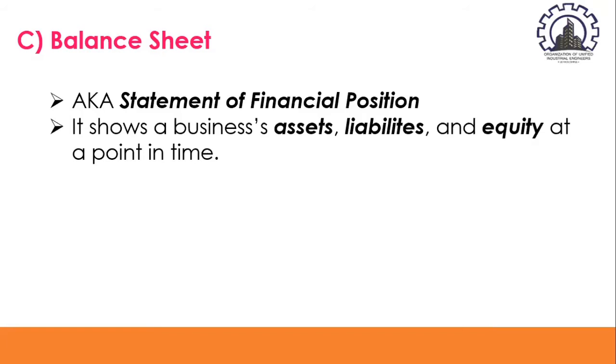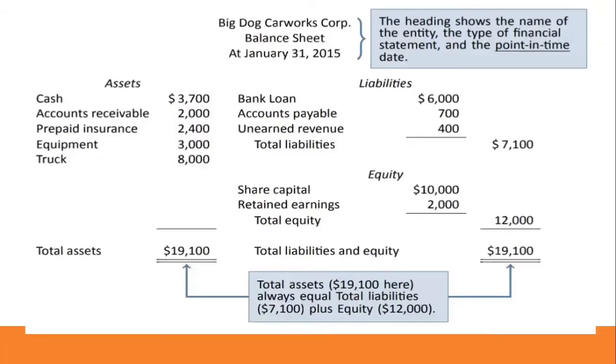Now, in order for us to better understand how a balance sheet would look, as you can see in our example, this is still Big Dog Car Works Corporation's balance sheet, as of January 31st, 2015.